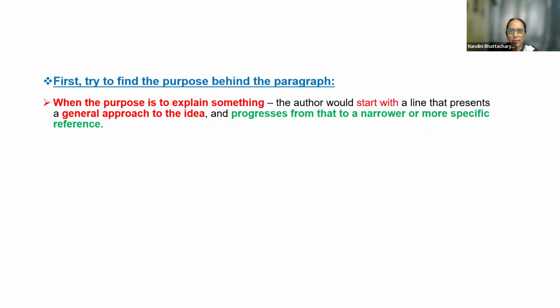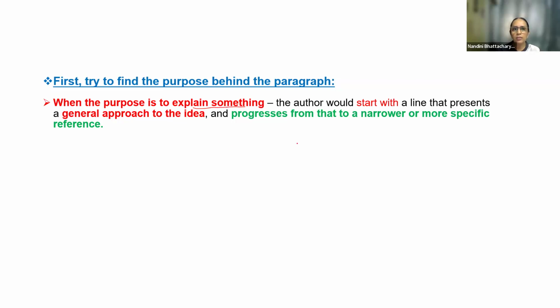So our main thing is, when we are looking at a paragraph as a whole, we said that you have to see what the purpose of the paragraph is. So let's get into the details of the purpose. Now, if the purpose of the paragraph is explaining something, how should it start?